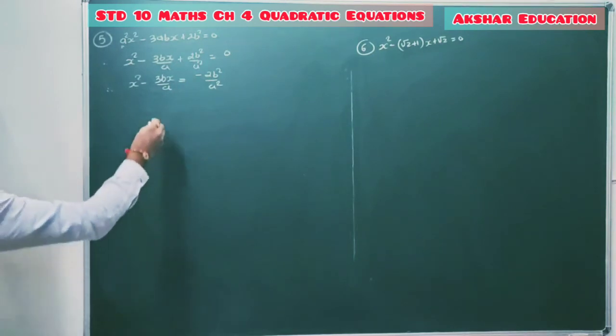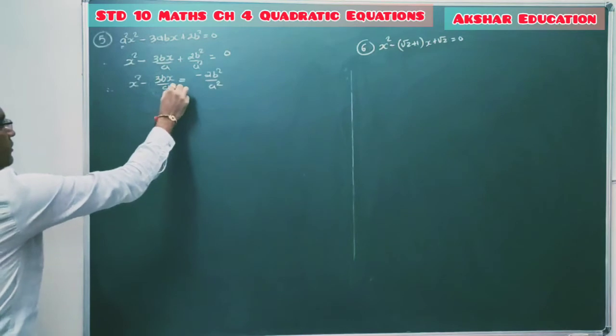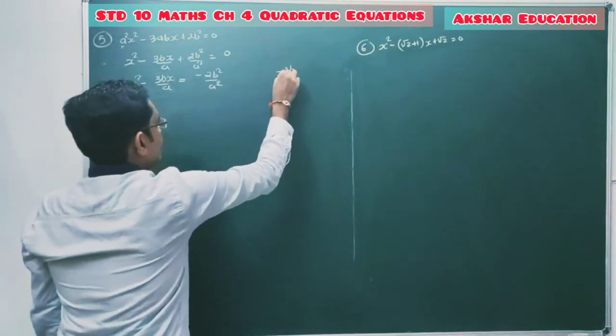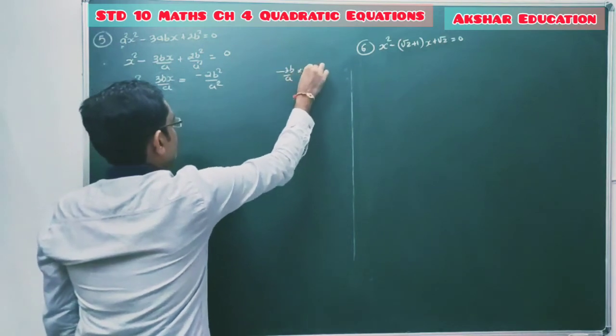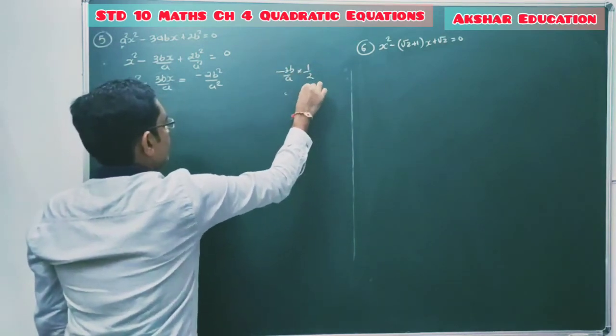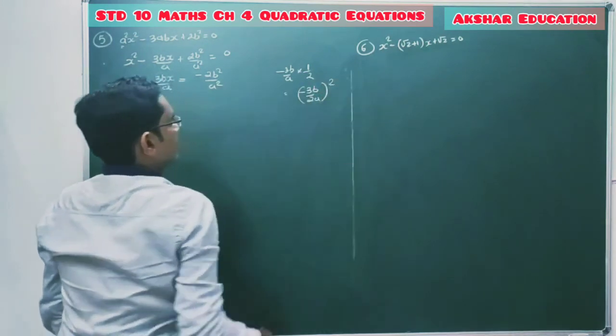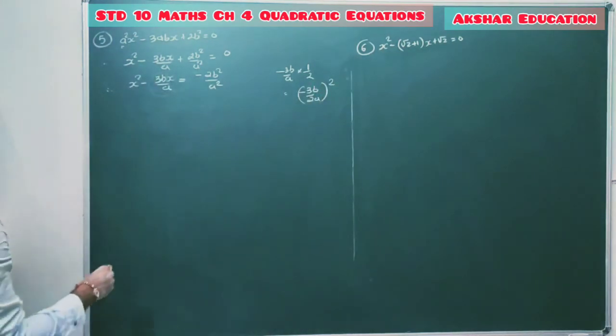Now next step, you have to consider the coefficient of x. Coefficient of x is minus 3b by a, divide it by 2. So it will be minus 3b by 2a, and take its square. So you have to add this term on both sides.